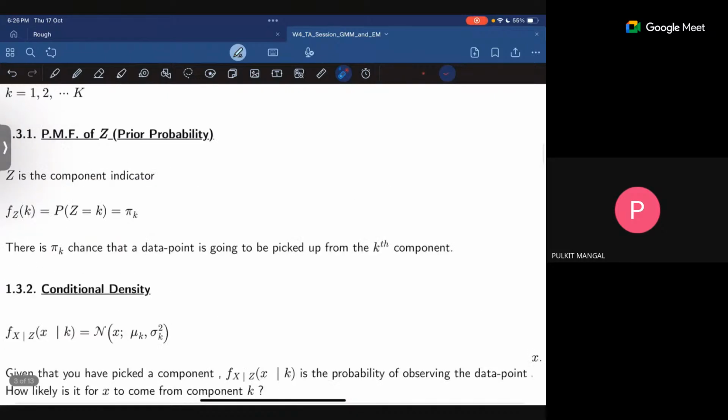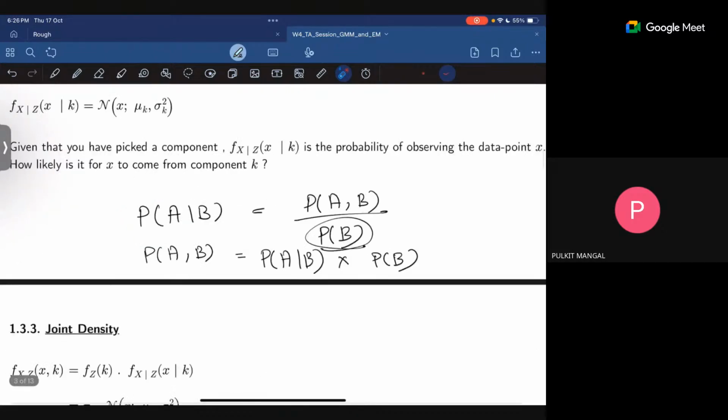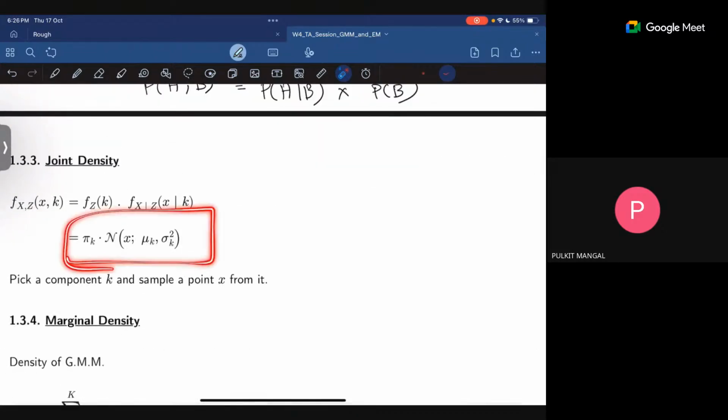We have seen this marginal here, that is pi k. So is the joint density part clear to everyone? What it means is: pick a component k and sample a point x from it. That's what the joint is.